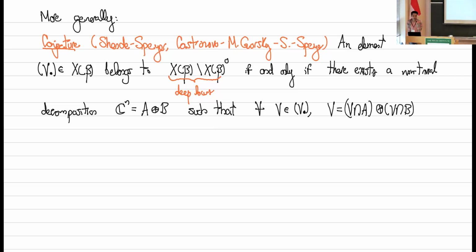We have that a sequence of subspaces belongs to the complement of the union of cluster tori if and only if you can find a non-trivial decomposition of C^n such that every subspace is given by the direct sum of the intersection of the subspace with the 2 parts of C^n. So the thing is disconnected.